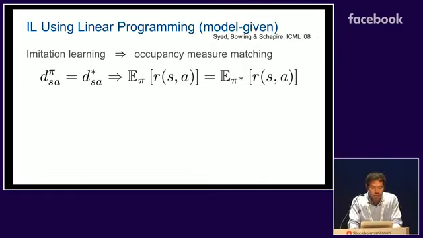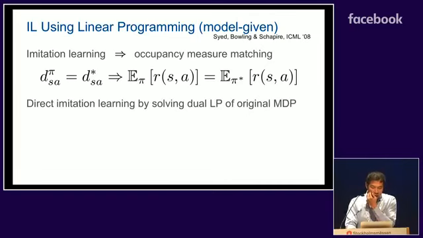So then, similar to the idea behind feature expectation matching, the imitation learning problem now can be reduced to one of occupancy matching. Now, we're not saying that we have to find the optimal reward. Rather, we're saying that if we can match the occupancy measure with the expert, then for any reward function, including the optimal one, the value function will match that of the optimal policy.